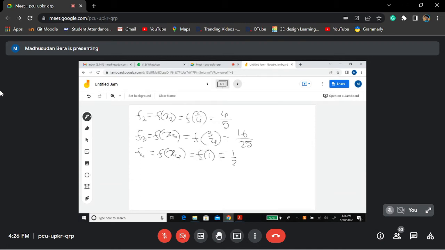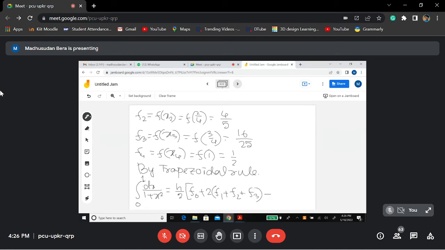So by trapezoidal rule, integral from 0 to 1 of dx by 1 plus x square will be h by 2 times f0 plus 2 times (f1 plus f2 plus f3) plus f4.